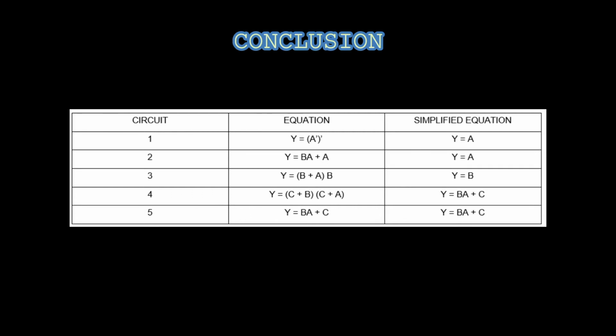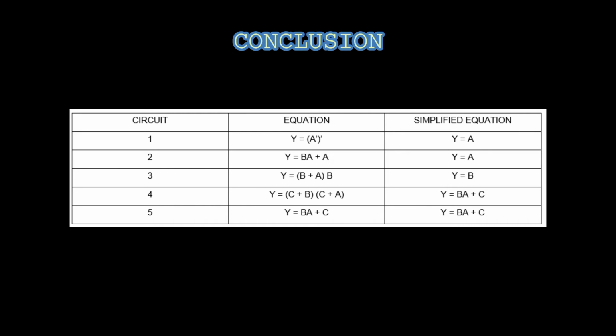The fourth circuit can be written as C plus B multiplied by C plus A. When simplified, we can write it as C plus BA. Therefore, the product of the inputs A and B when added to C would be our output. If A is equal to 0 and B is equal to 1, the product of it would be 0.